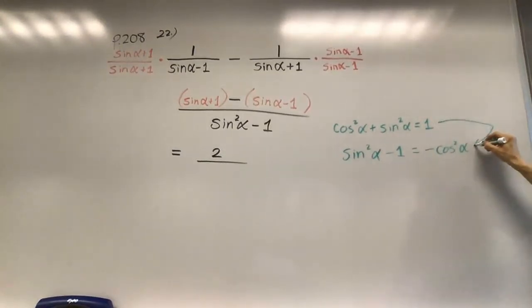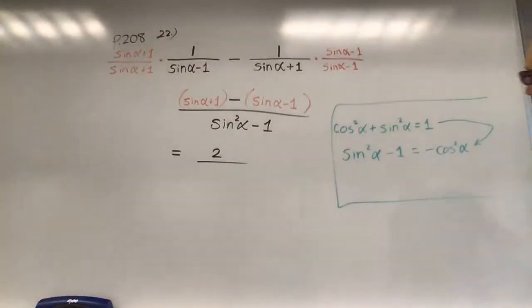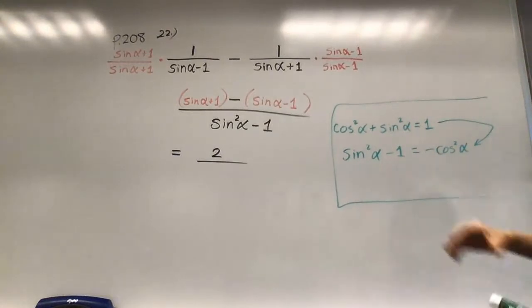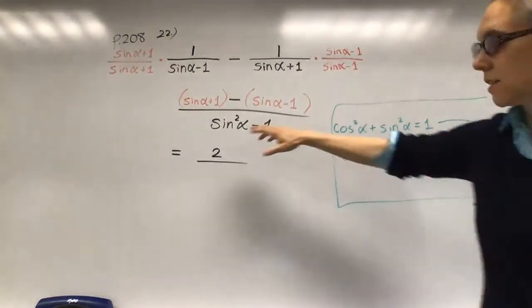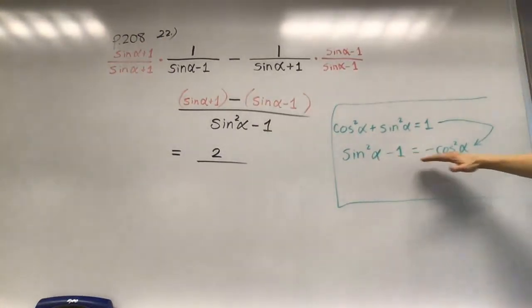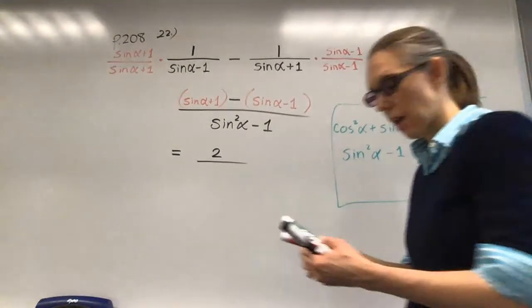These are algebraically equivalent, right? This is sort of off to the side thought process. So because these are algebraically equivalent, I can now replace sine squared alpha minus 1 with what sine squared alpha minus 1 is equal to, and that is negative cosine squared alpha.